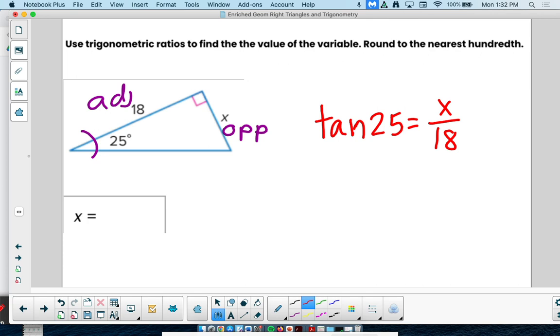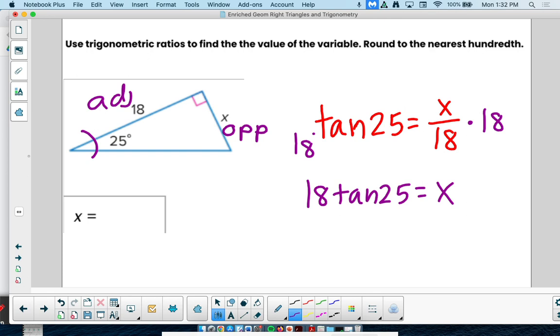It just looks a little different right now. How are we going to get x alone? How do we get rid of this 18? Yeah, we're going to multiply both sides by 18. So then this side becomes 18 tangent of 25. And then those 18s cancel out, so equals x.